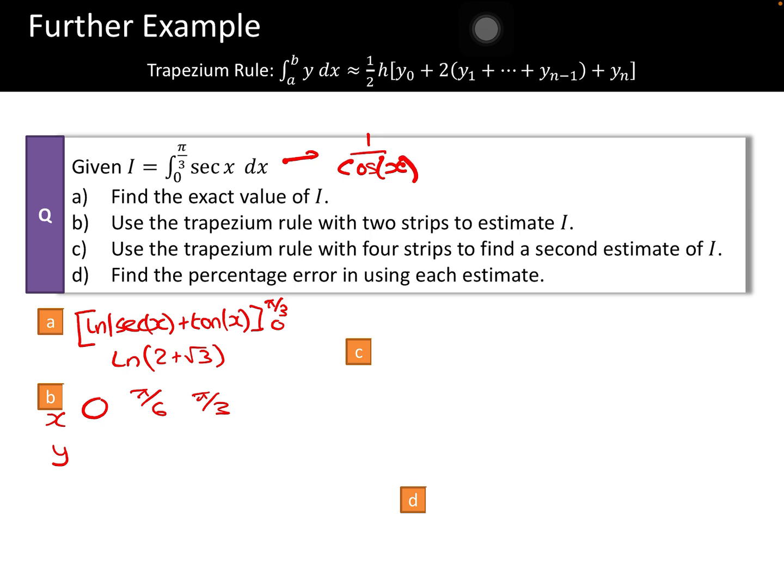So 1 over cos 0 will give me 1. 1 over cos of pi over 6 gives me 1.55. 1 over cos of pi over 3 will give me 2.